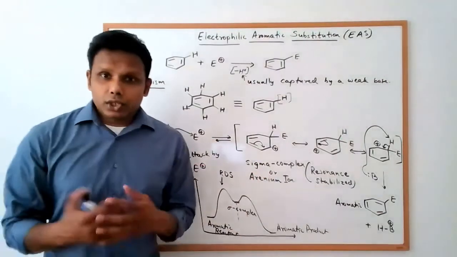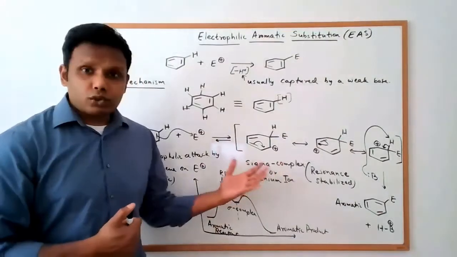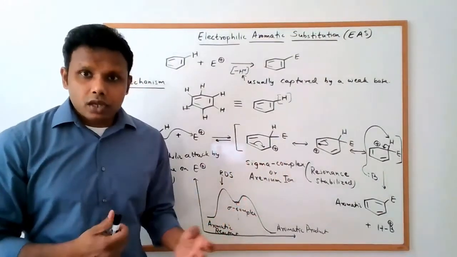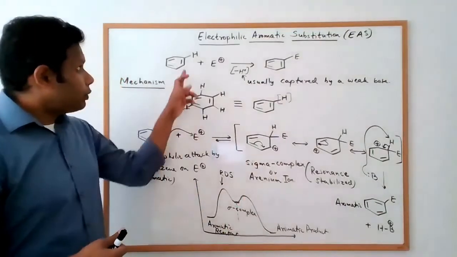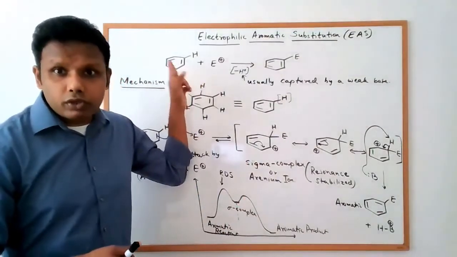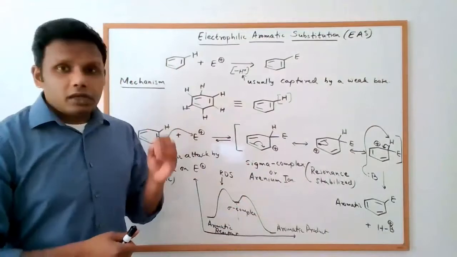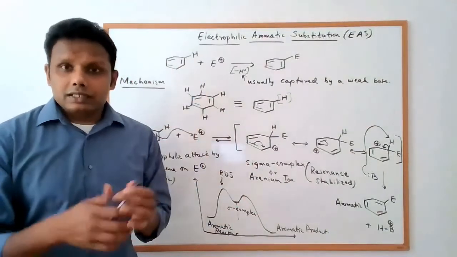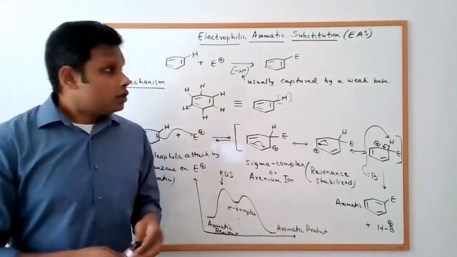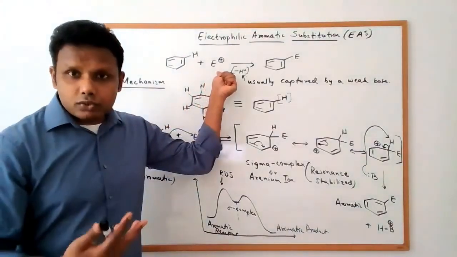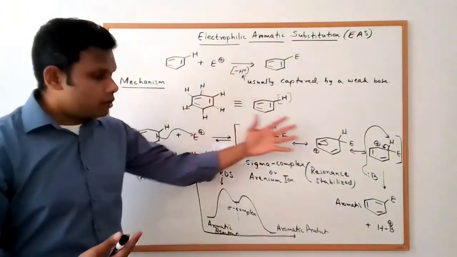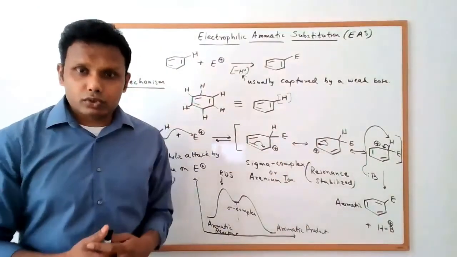So that is a generalized mechanism of electrophilic aromatic substitution, which can be applied to any reaction where an aromatic compound, now we're using benzene here, but realize that benzene is just an example of an aromatic compound. So any reaction where an aromatic compound is reacting with an electrophilic species, a similar mechanism is what we're going to see.